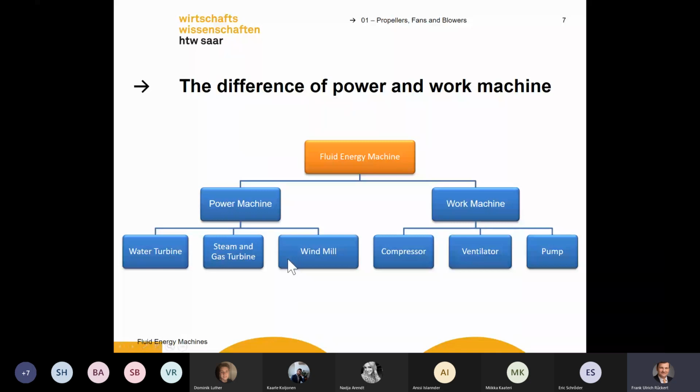I will teach you a lot about wind turbines because we have a really good connection to wind turbine companies. We have a big wind turbine company here in Saarbrücken, in the Saarland, in Neunkirchen. It's called the company Vensys, and I can tell you the founders were former students of the HTW University.